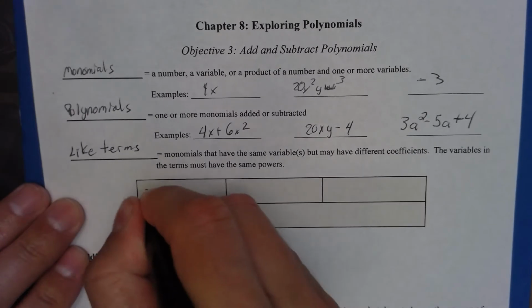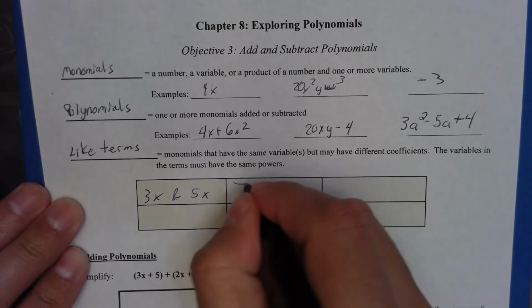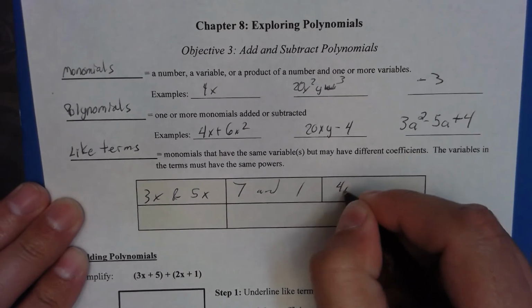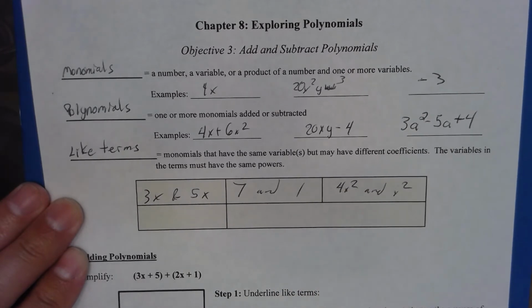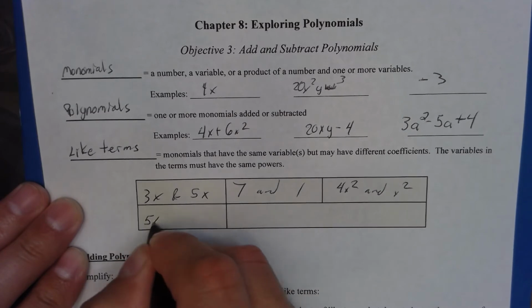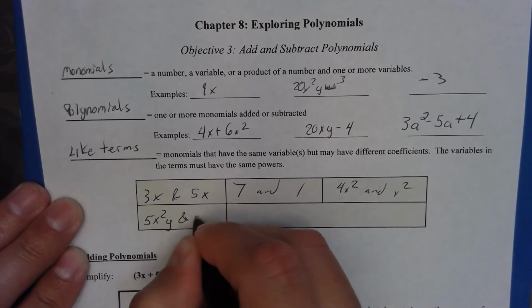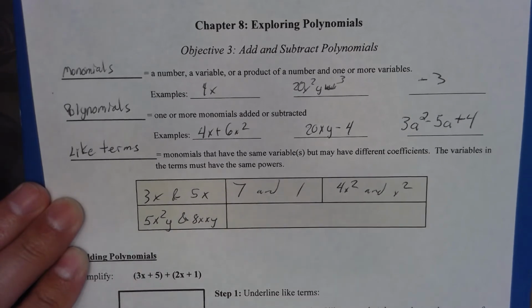So 3x and 5x, or 7 and 1, or 4x squared and x squared, or 5x squared y and 8xxy. Those are both the same like terms, okay?